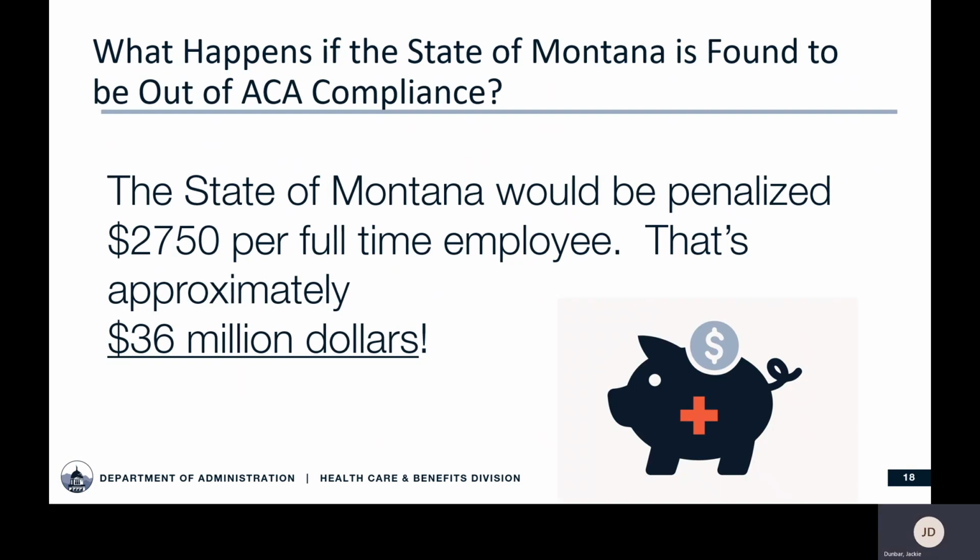What happens if the state of Montana is found out of ACA compliance? The state of Montana must follow federal ACA rules to avoid a $36 million penalty. We take the ACA regulations seriously and have implemented strong internal requirements to ensure we are offering state plan benefits to all eligible employees.